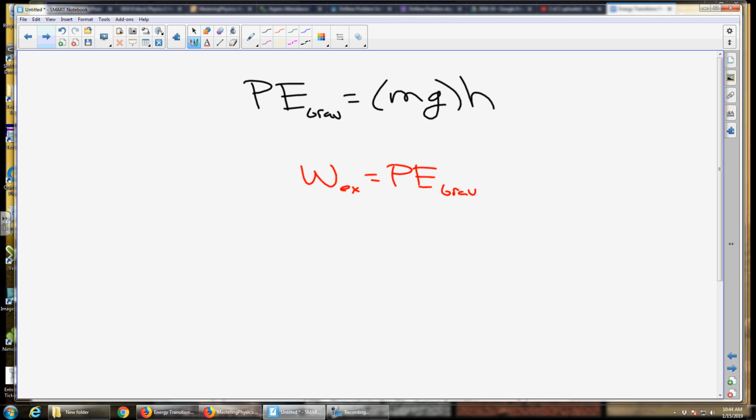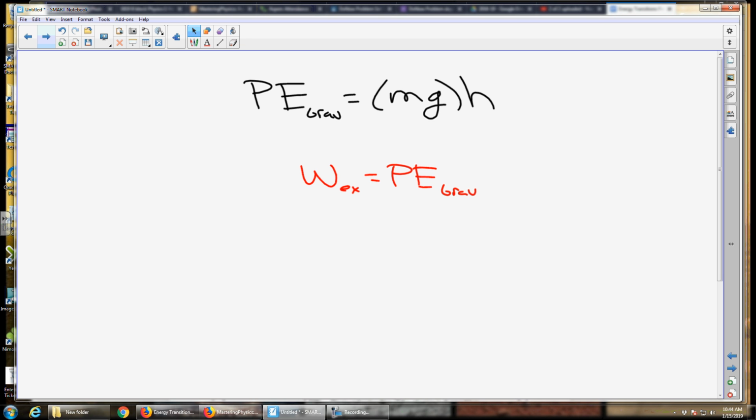Now, the mg in parentheses, what's another name for that? Mass times the gravitational field strength. Altogether it is the weight of the dog, right?